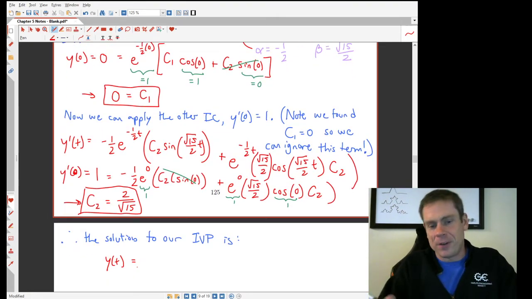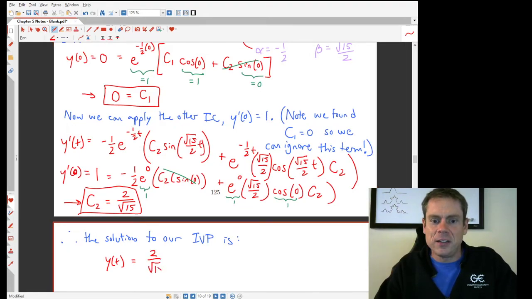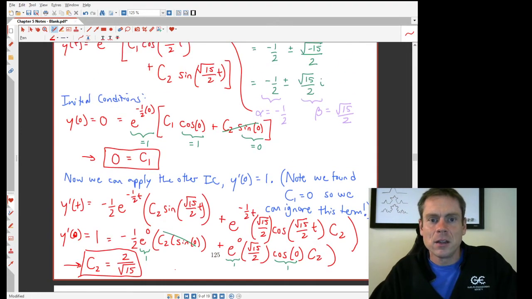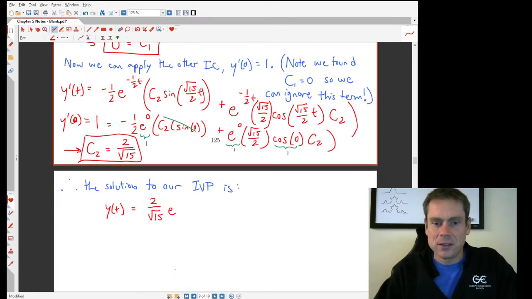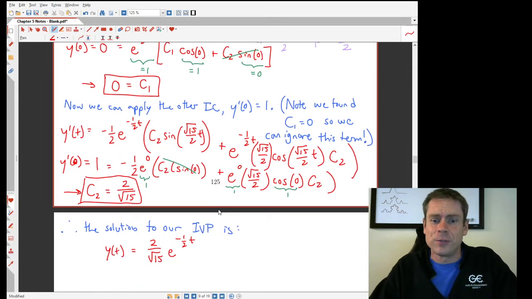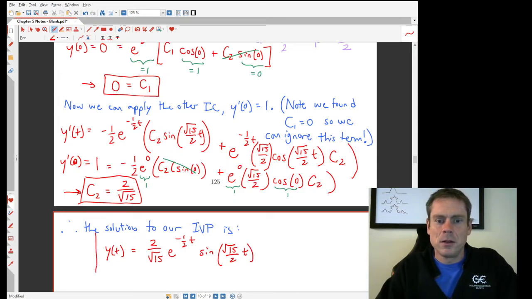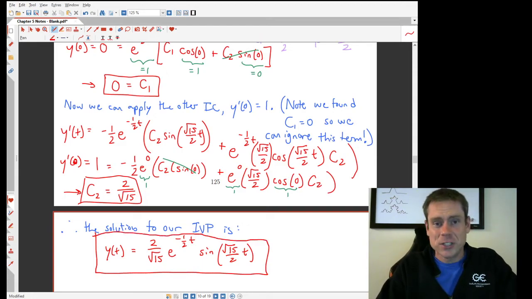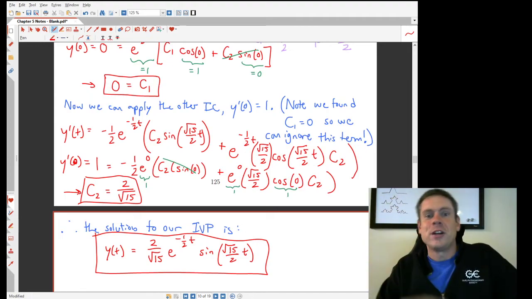So if I write the constant first, 2 over root 15 e to the minus half t. And finally, the term that survived was the sine term. So sine of root 15 over 2 t. Just like that. And this is exactly the solution that will fit our differential equation with those two initial conditions.